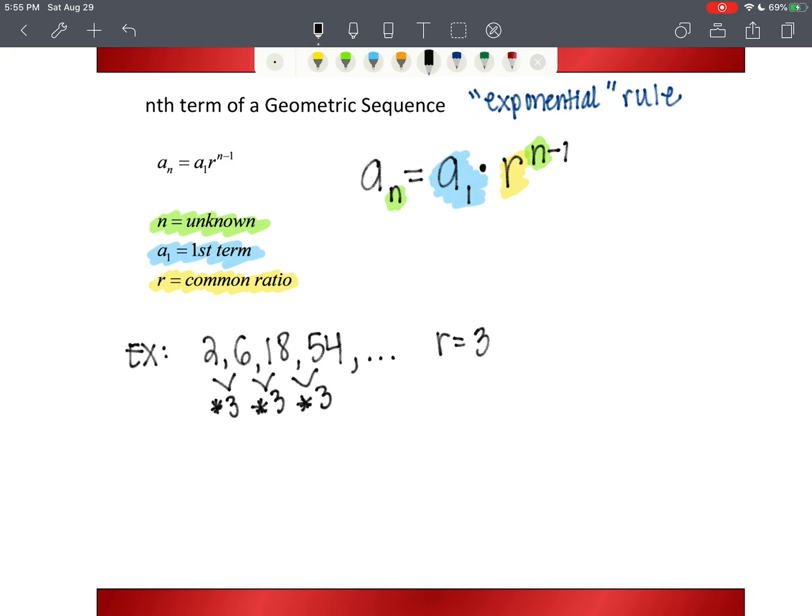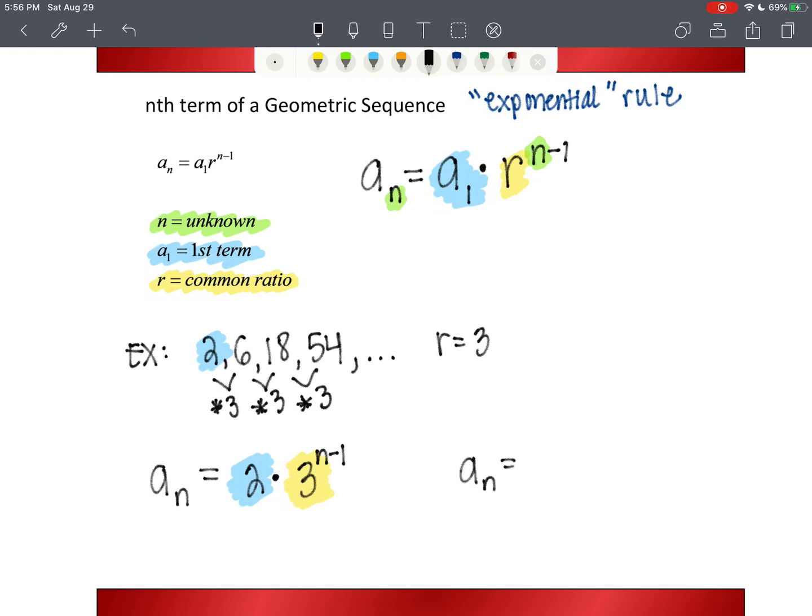Okay, very good. So now we want to write that formula. The value of the nth term is equal to the value of the first term times the common ratio raised to the n minus 1 power.